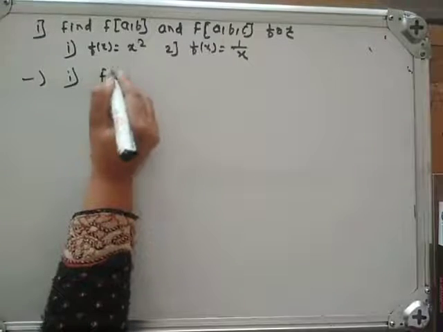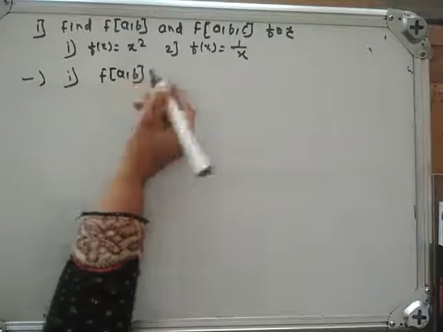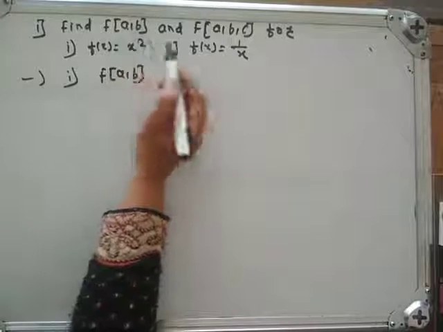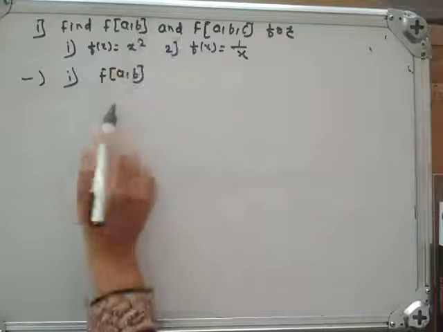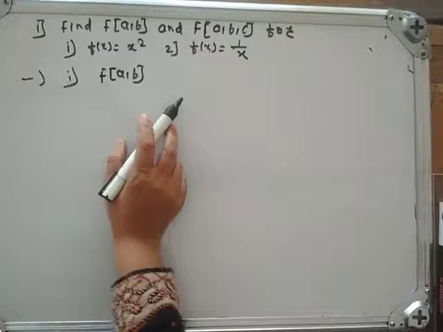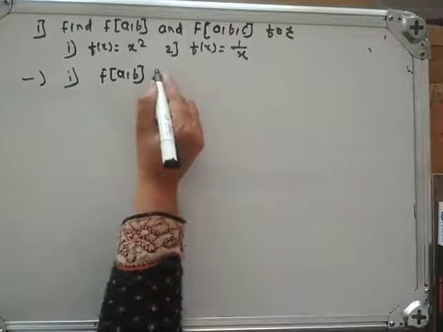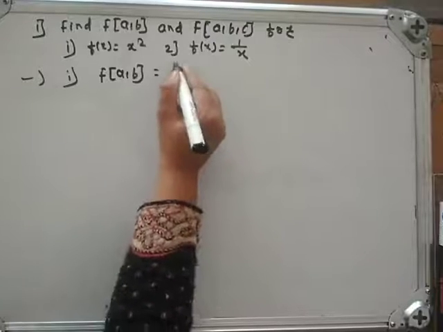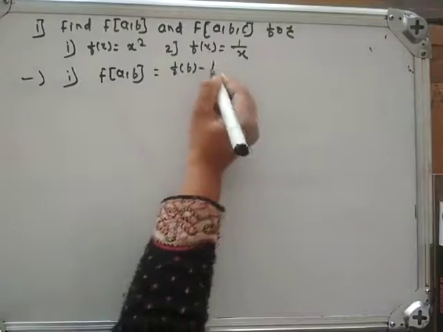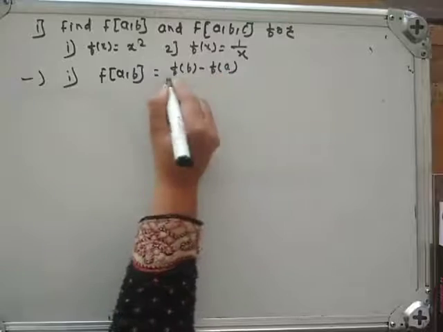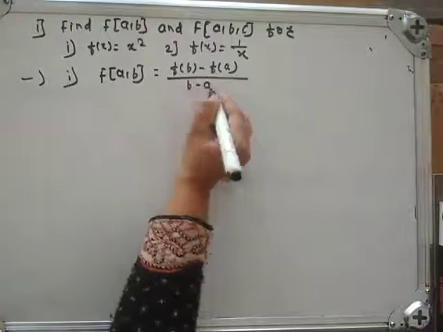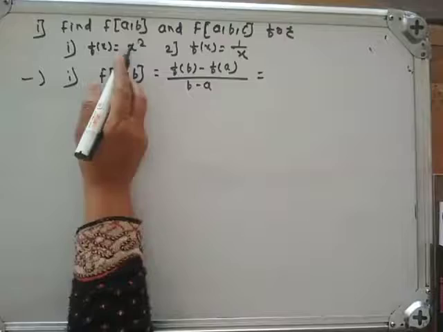Okay. F of A, B. Instead of x0, x1, here we have been given A and B. So don't be confused. F of A comma B is equal to f of B minus f of A upon B minus A. What is f of x? It is x square.